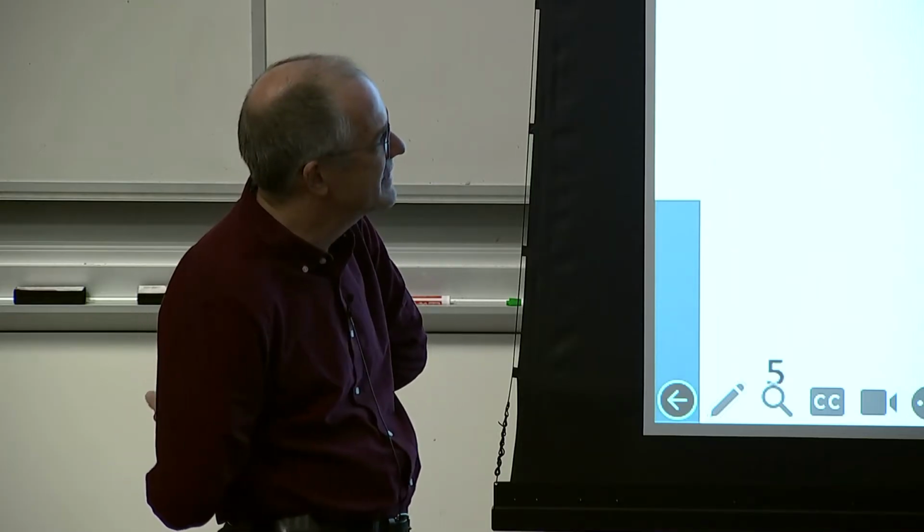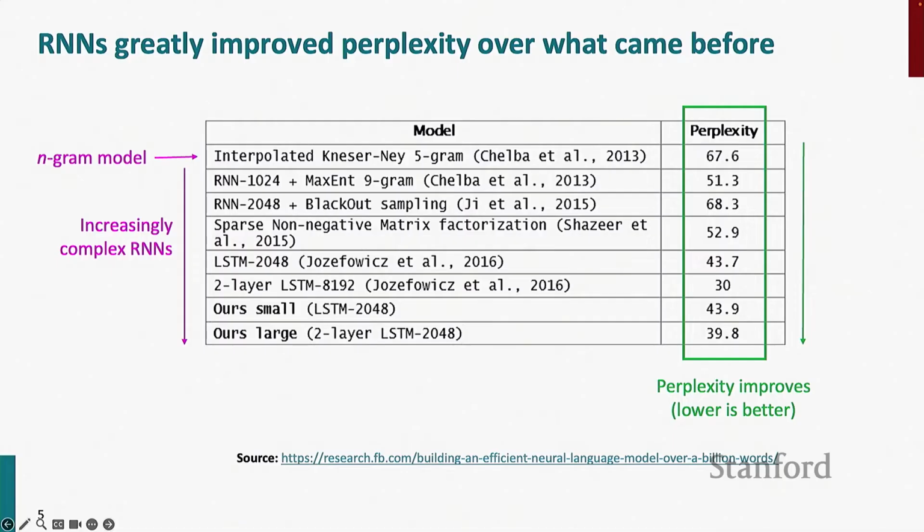When RNNs were first introduced, people weren't really able to do better with a pure RNN, but they could do better by combining an RNN with something else, such as a symbolic maximum entropy model, which I'm not going to explain, but those gave numbers like 51. But where progress really started to be made was when LSTMs started to be used as an improved RNN, which is what I'm going to come to next.